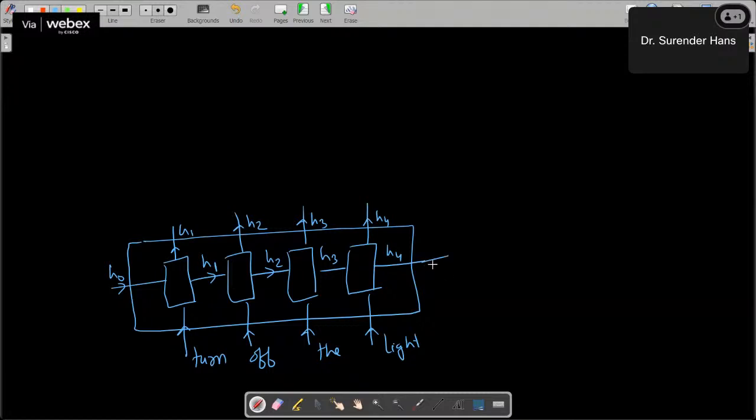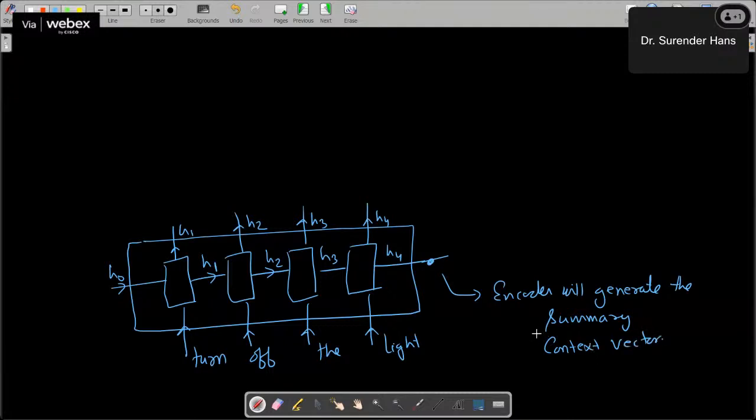Here the encoder generates the summary of the sentence, that is, the summary of the input sequence, which we call the context vector.